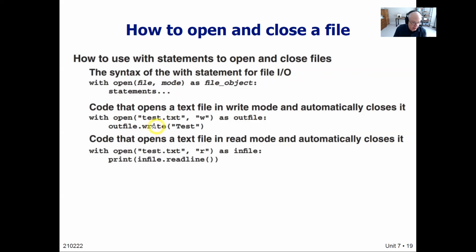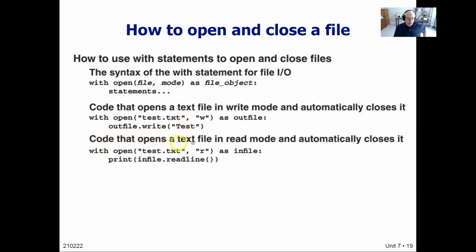Did I say function again? This is a method, write method, and then our argument there is going to be test. Same thing I just said before. It's going to be the word test, and then a new line character at the end. And we don't have to do anything. We go into the next line in our program. The with statement will close the file, and life is good.